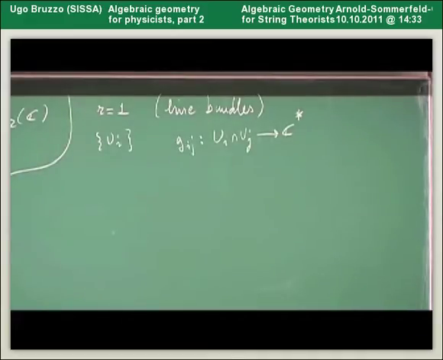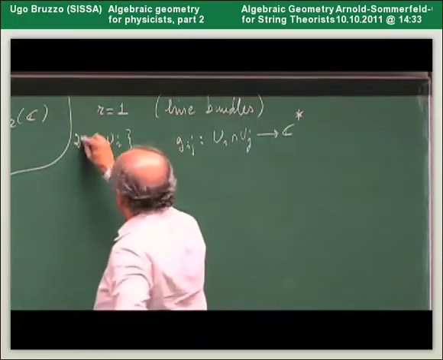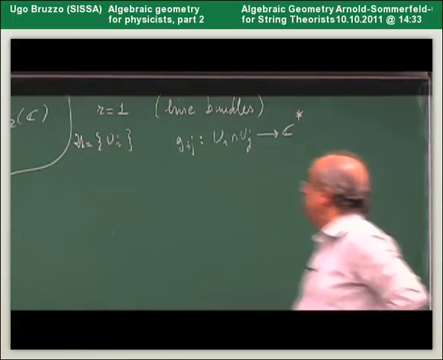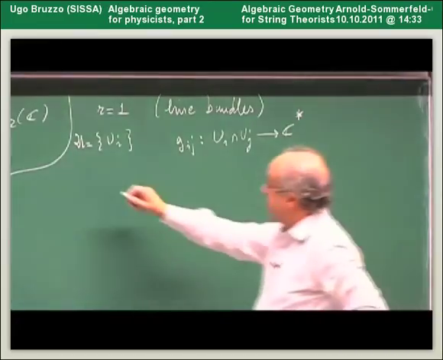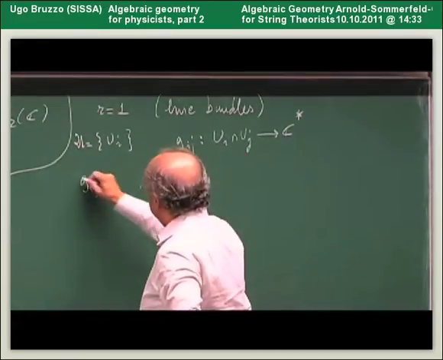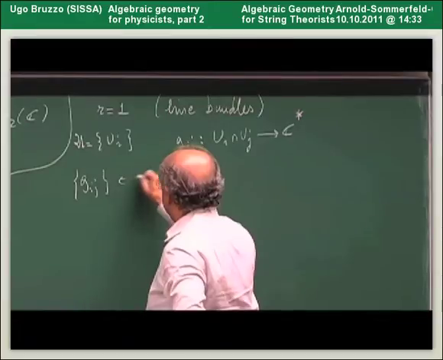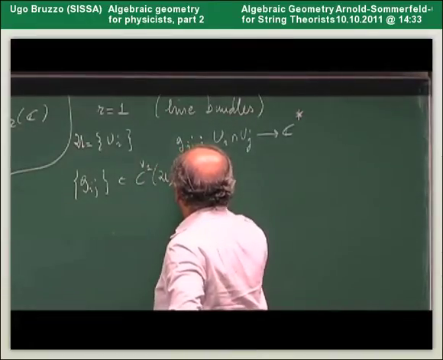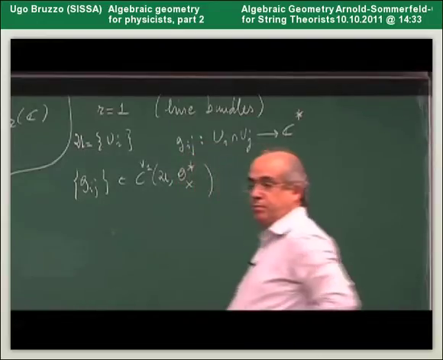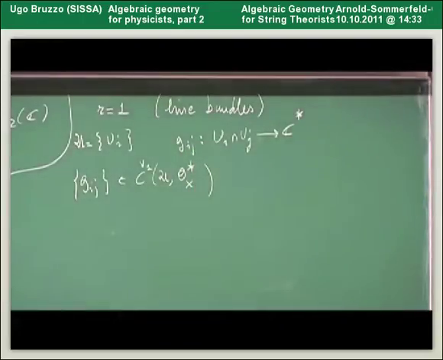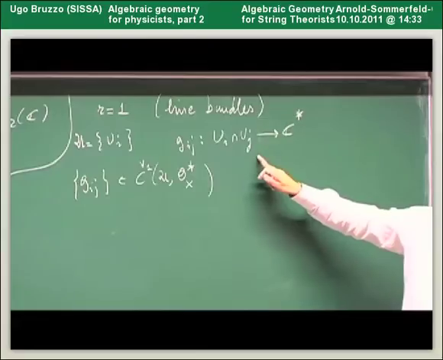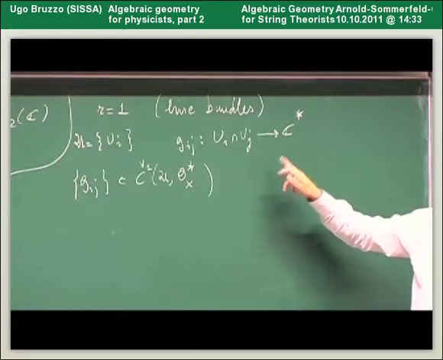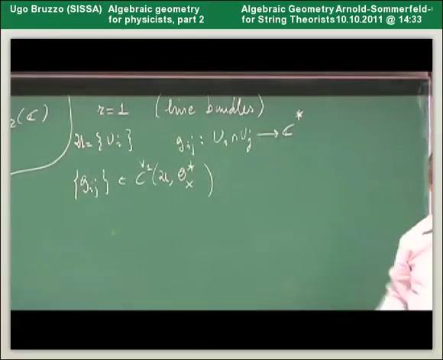Do we already know this object? Yes, we do, because let me call U this open cover. This is exactly a one cochain in the sheaf O_X star. Right? For every non-void double intersection, it is a non-vanishing holomorphic function. So it is exactly a one cochain here.